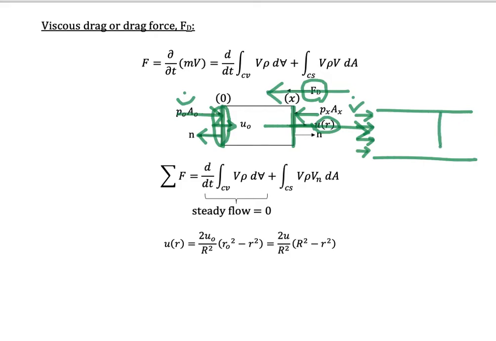However, at certain points in the pipe, the velocity is changing. So we need to do the derivation because the velocity is changing, which means we need to do the integration to get the overall value of these changes.